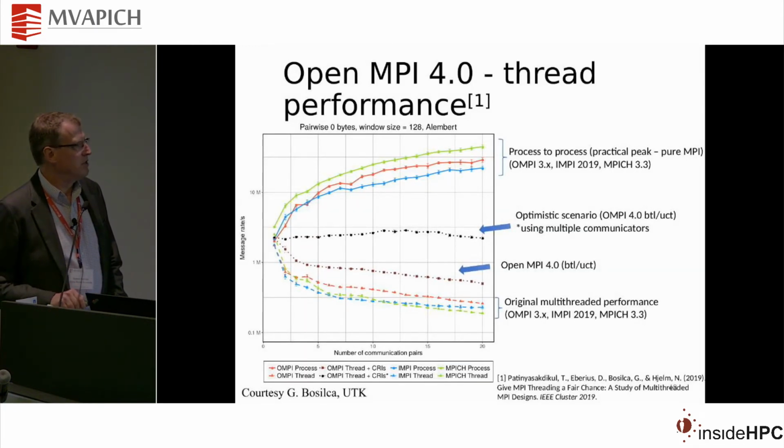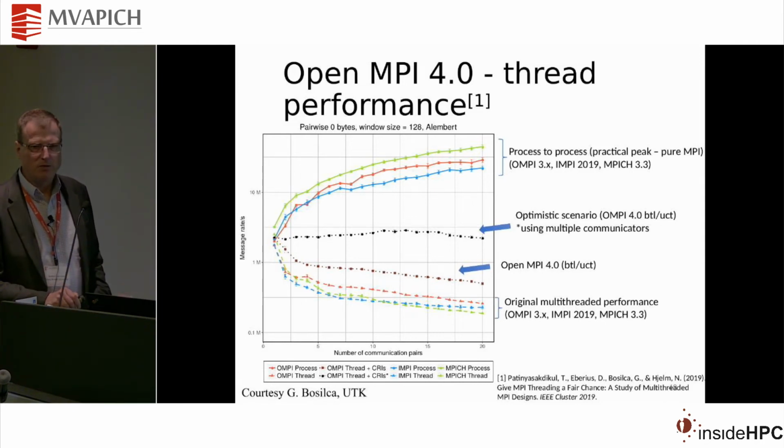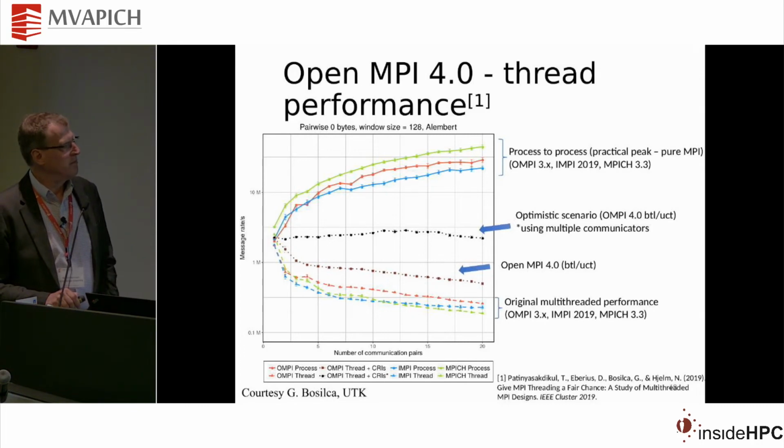These are some projections that, again, I don't completely understand, and it seems to be trying to set my expectations to be low in terms of multi-threaded message rate. So if I'm interpreting this correctly, using these various versions of MPI, this was the message injection rate in a multi-threaded setting.